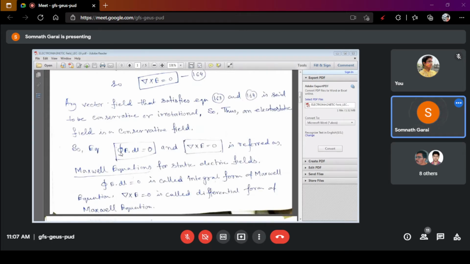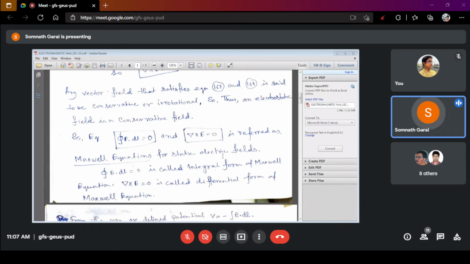Remember it. The closed line integral of the electric field intensity E, and the curl of the electric field intensity E, equal to 0. Those two equations are referred to as Maxwell equations for the electrostatic field.